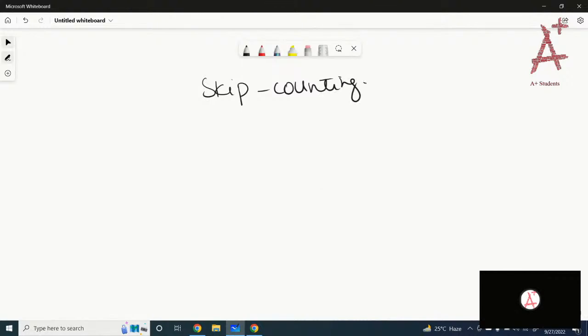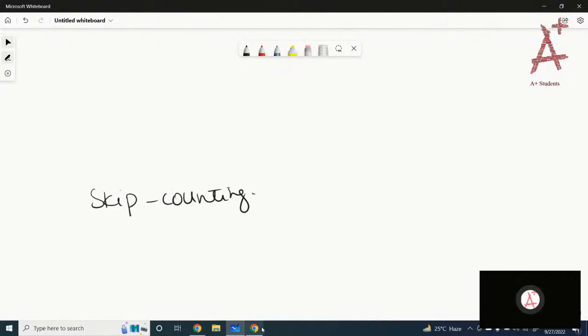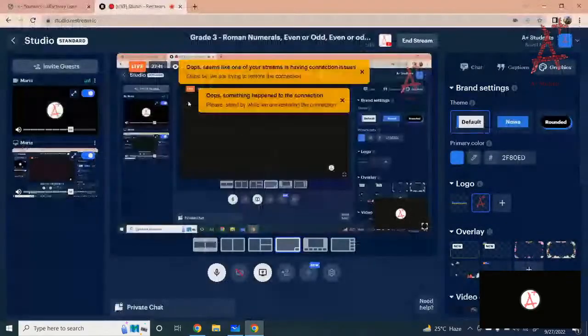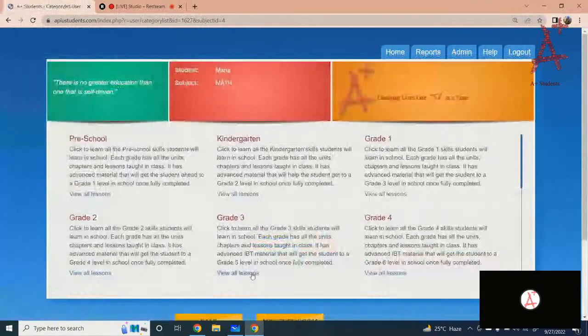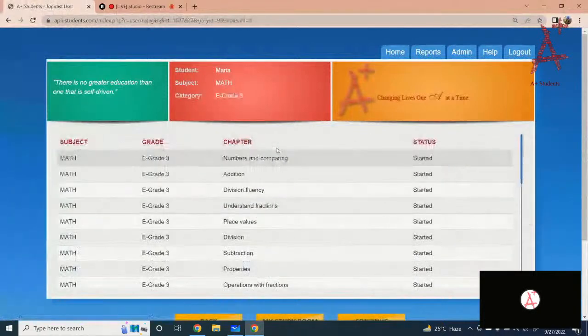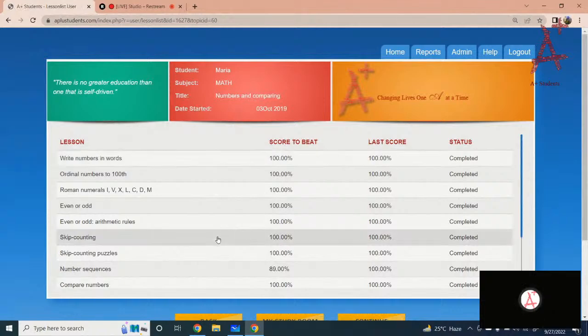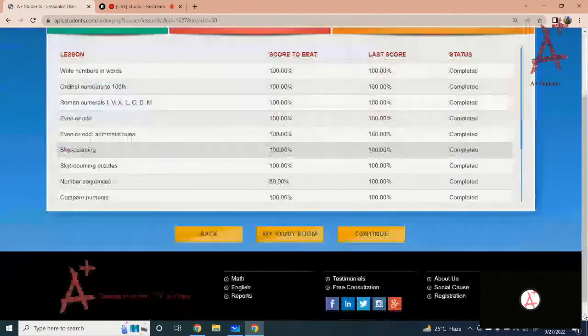Okay, so let me share my screen. We are on grade 3, numbers and comparing, and the lesson we are going to start is skip counting.